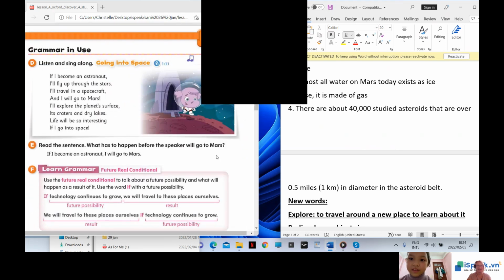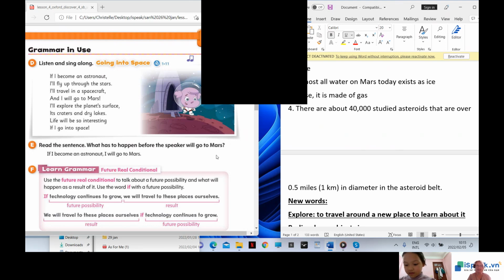I'll explore the planet's surface. Before I go to Mars. Not after, but before. What must happen before he can go to Mars? I'll travel in a spacecraft. Yes, he will first have to travel to Mars.